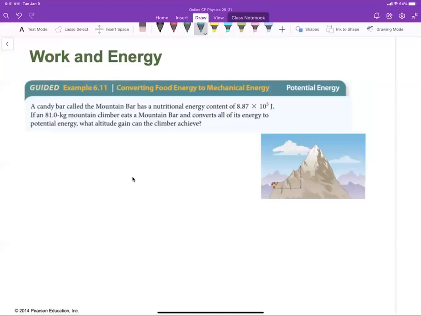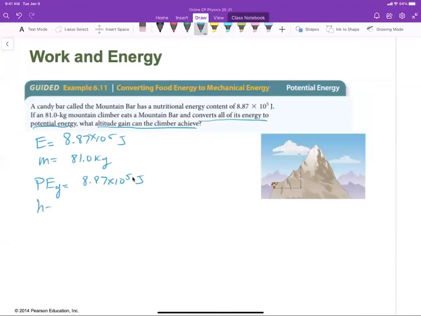And they told us that the energy that is in this bar is 8.87 times 10 to the 5th joules. The mass of the mountain climber is 81 kilograms. And we have been told that we're going to convert all of that energy to potential energy. So we know that the potential energy is going to now be the amount that was originally contained within this bar. And they've asked, what altitude can the climber achieve? So they're asking for h.